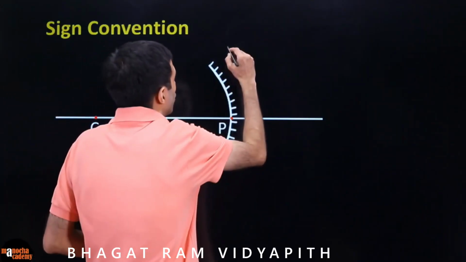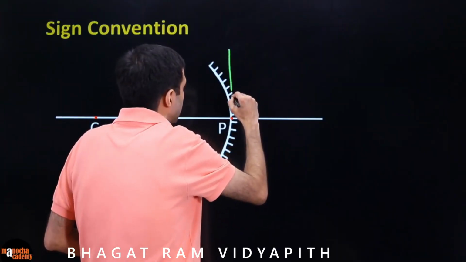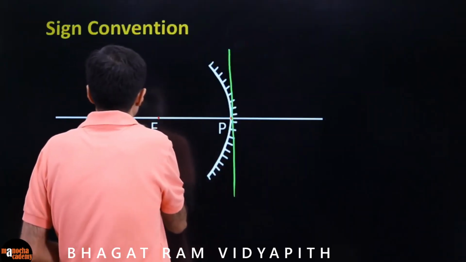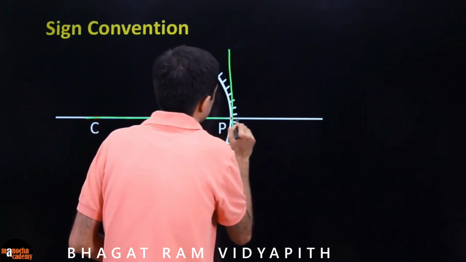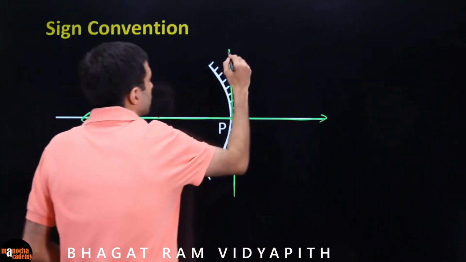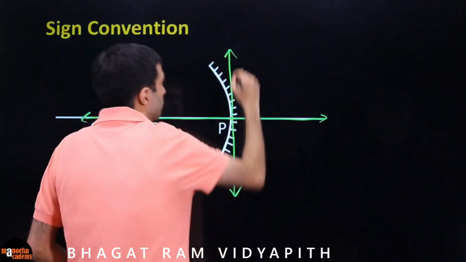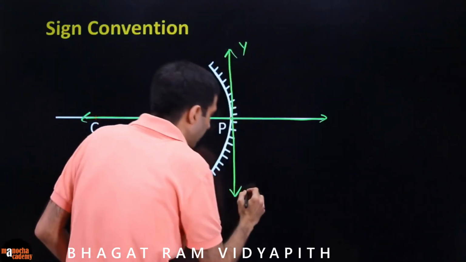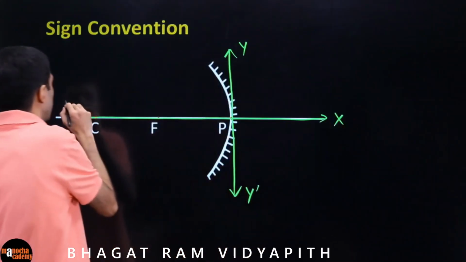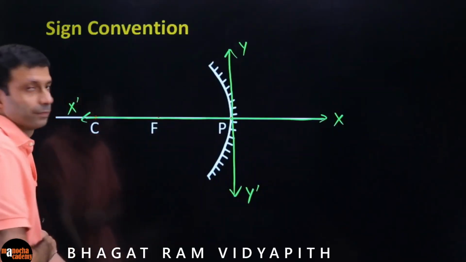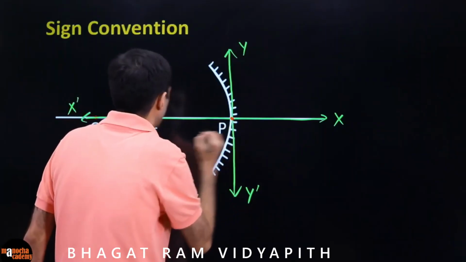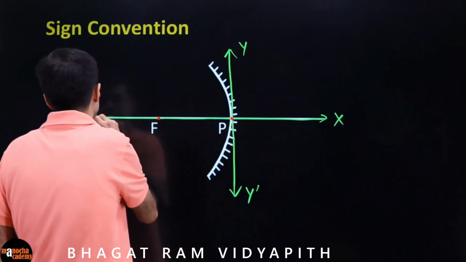Okay, so I want all of you to draw the coordinate axis like this. This is my y axis and this is our x axis. So this positive y-axis we label as y, negative y-axis y dash, positive x-axis x, negative x-axis x dash. This is our pole, focus and center of curvature.